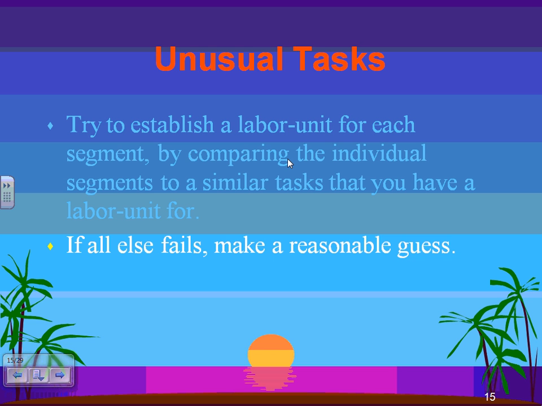And if all else fails, what do you need to do? That's why they pay you the big bucks when you become a project manager. Reasonable guess. When we invite guys from Parson Electric to come and talk about estimating, they have wild guess and scientific wild guess, and they use other adjectives I can't use.